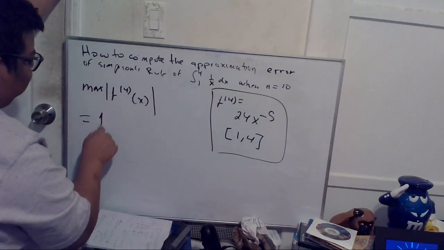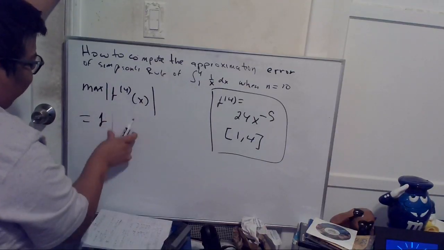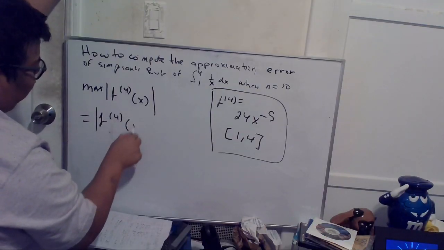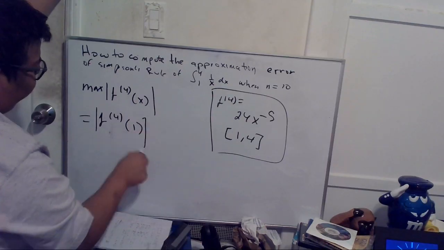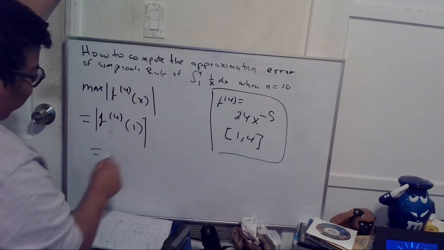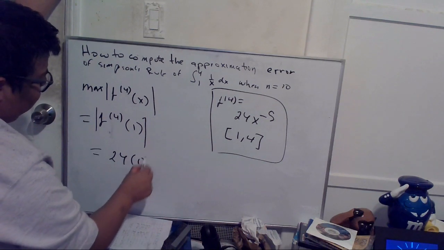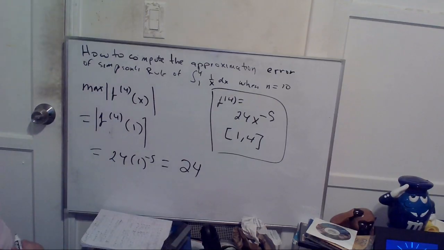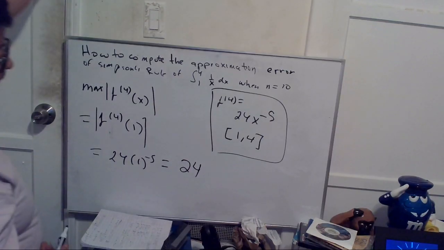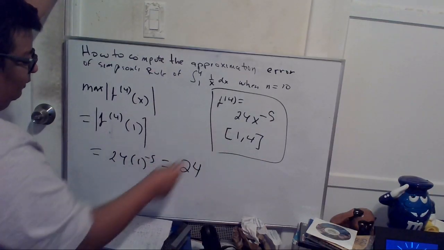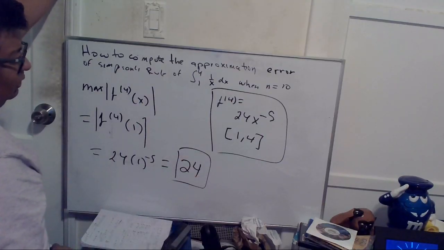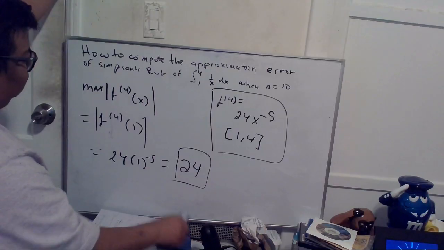So that's 24 times 1 to the negative 5, which is equal to 24. So we found the fourth derivative and the maximum is 24. Now we have everything we need for the formula to work.